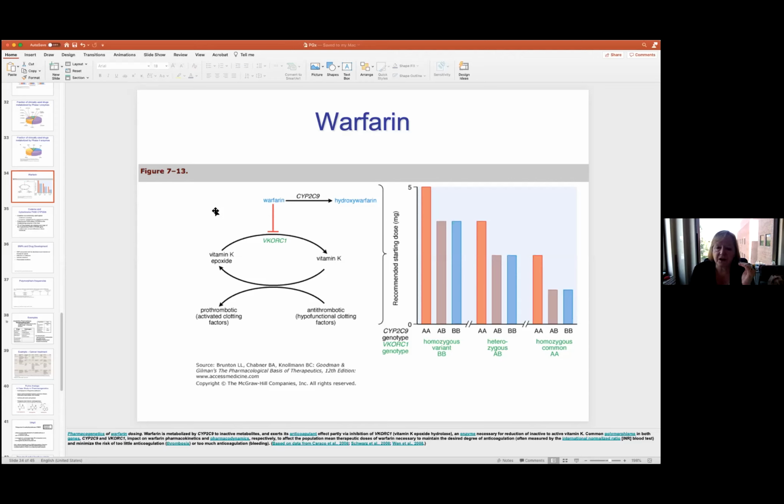So the recommended starting dosages can change depending upon the genotype of the patient. If the genotype is known for these two, you can start off a lot closer to where you need to be with that patient. And this gets really critical.